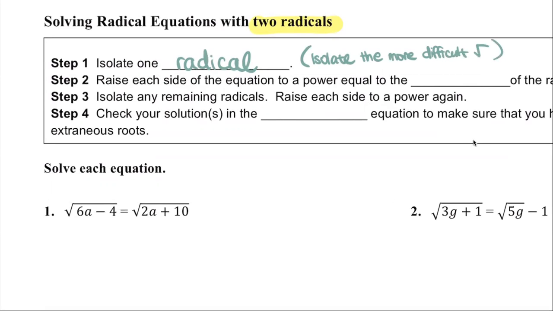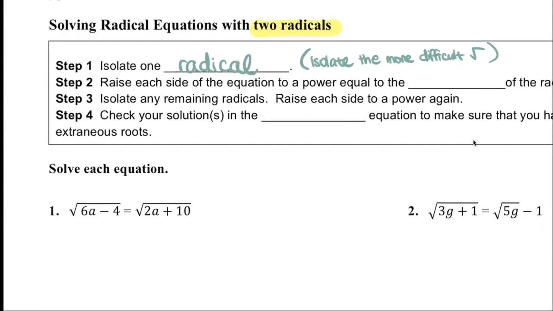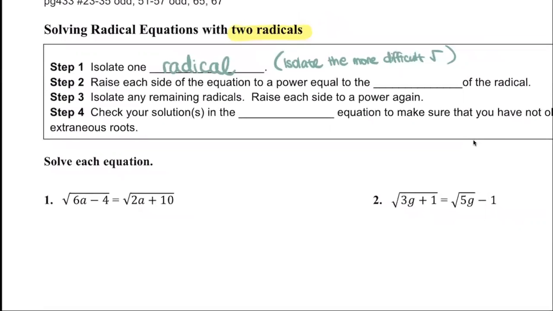Okay, so that's my personal preference. I like to isolate the more difficult radical if I had multiple ones to choose from.